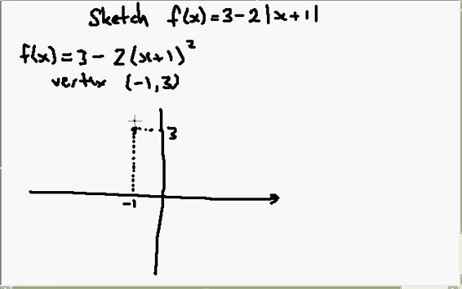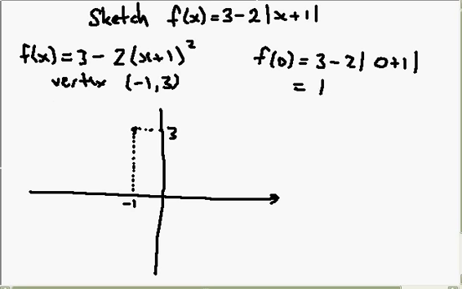Okay? Now I need to make sure I know where it is crossing the y-axis, or the f-axis in this case, f of x. So that is when x equals 0. So I'm going to substitute in 0, and I'm going to get 3 take away 2 lots of 0 plus 1. Now 0 plus 1 is 1, minus 2 times 1 is minus 2, so 3 take away 2 is just 1.